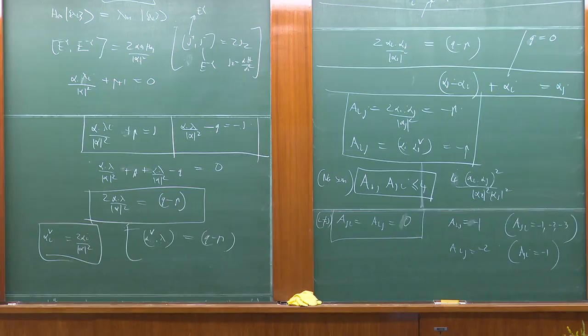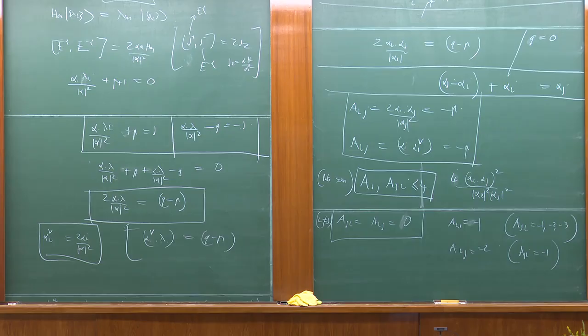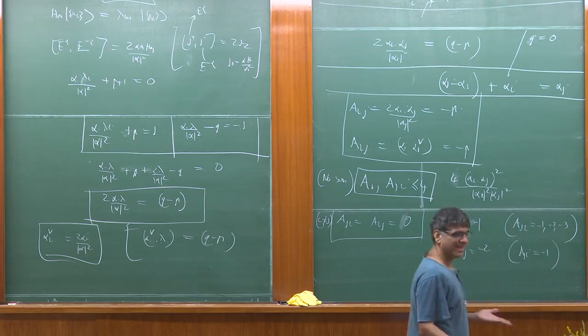Now let's look at the ratio between Aij and Aji. It is the ratio of the norm squares of alpha I and alpha j. But we see from this classification what the possible ratios are.